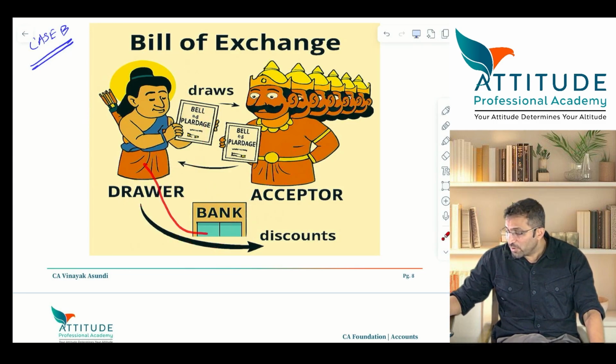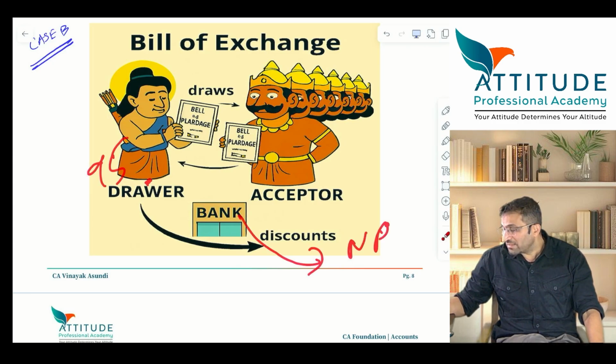Because the banker has given you 95, no? So the banker will directly reduce your bank balance by how much? 95 or 100? 100 plus noting charges, because the bank would have gone to the notary public. The bank would have paid 10 rupees as noting charges, yes or no?